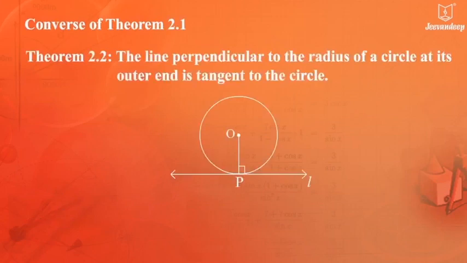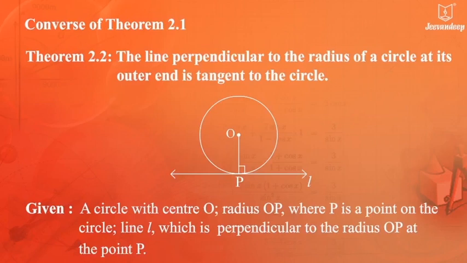Converse of Theorem 2.1. Theorem 2.2. The line perpendicular to a radius of a circle at its outer end is tangent to the circle.